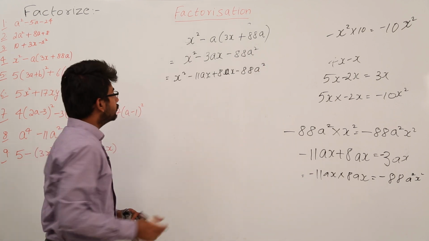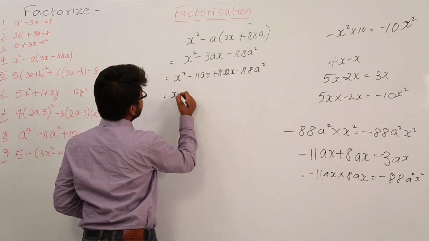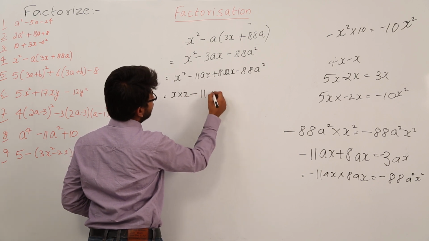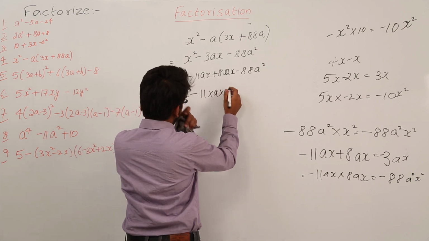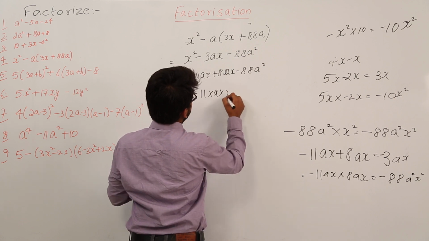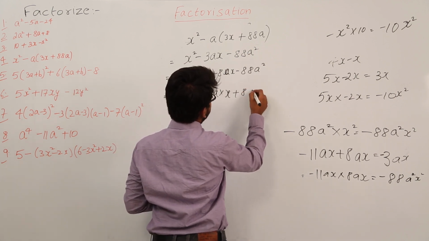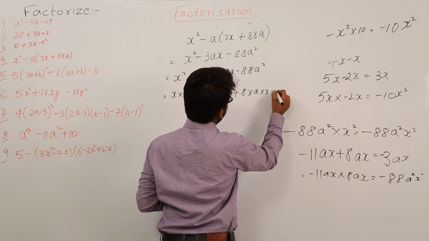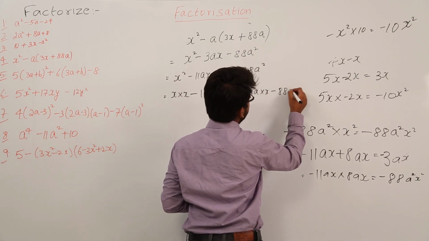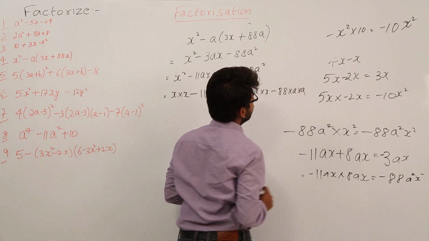Now we have to take out common factors. x square can be written as x into x, minus 11ax can be written as 11 into a into x, 8ax can be written as 8 into a into x, and 88a square can be written as 88 into a, right?